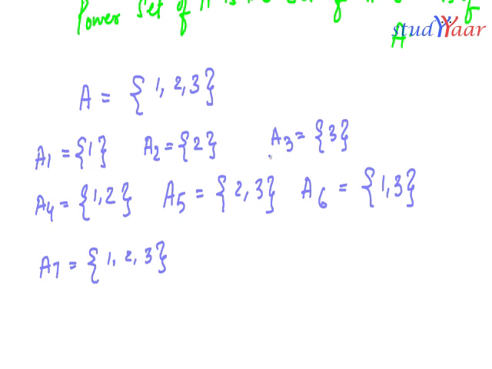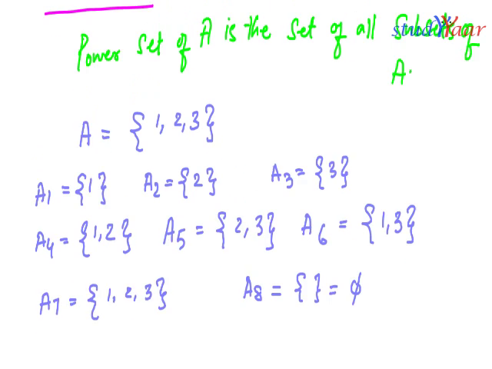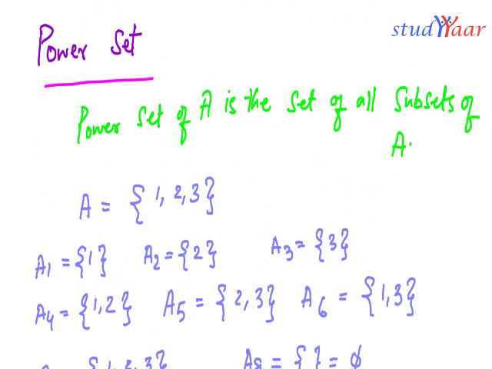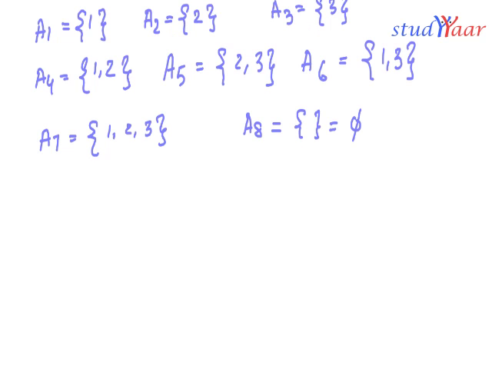And when we talked about null set, we said that null set is a subset of every set. Therefore A8, which is equal to a null set, is also a subset of A.